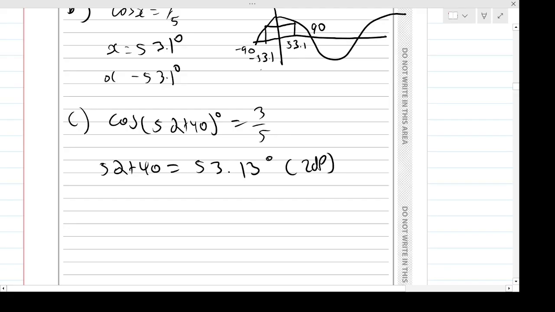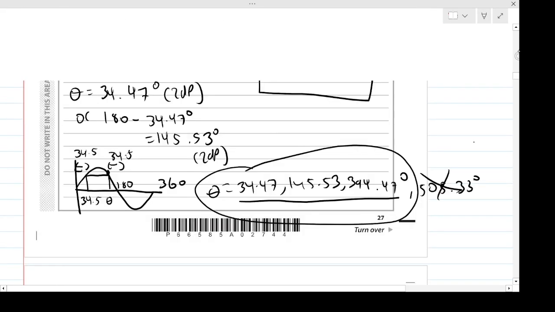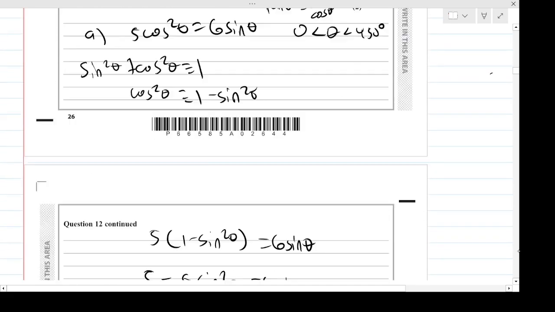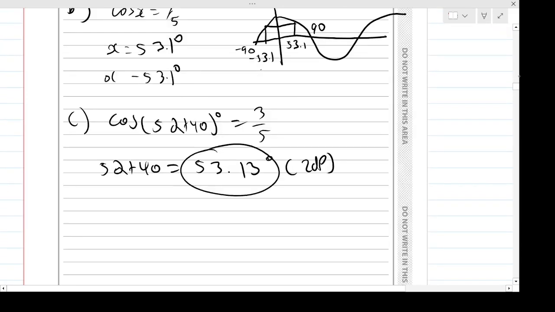We want to solve for alpha, so we need to rearrange. But it's talking about the first four solutions. This is the first solution, and we need to then find more.